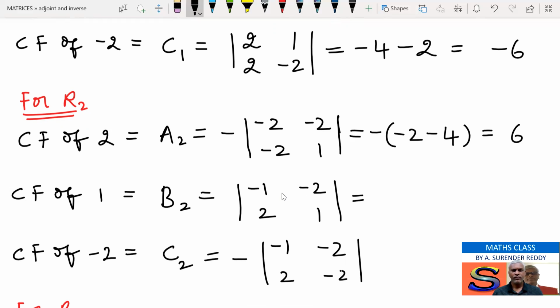Next, -1 into 1 is -1, 2 into -2 is -4, minus into minus plus 4. 4 minus 1 is 3.